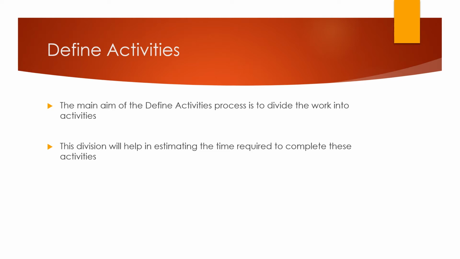Now, how do you do that? You do that by dividing the work into activities, coming up with the estimated time required for each activity, summing them up and coming up with a schedule as a whole. Well, that is a very simplified version of this knowledge area, but it is definitely going to help you understand why we are dividing the work into activities: so that it becomes easier for us to estimate the time that is required to complete these activities.